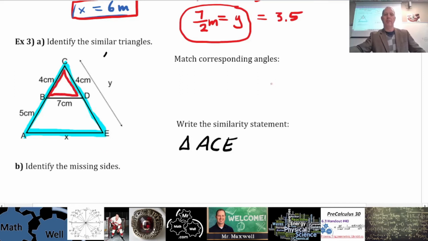So that is similar to triangle, and let's make sure that the corresponding angles are written in the same order. B, then C. Notice it's the same C. That's cool. And then D. B, C, D. All right, so that's the similarity statement. That's the similar triangles that are embedded in there. Any questions about that?